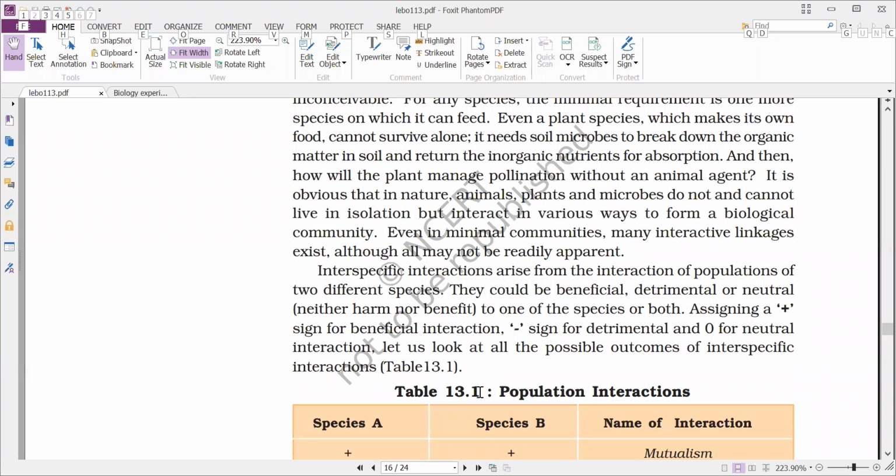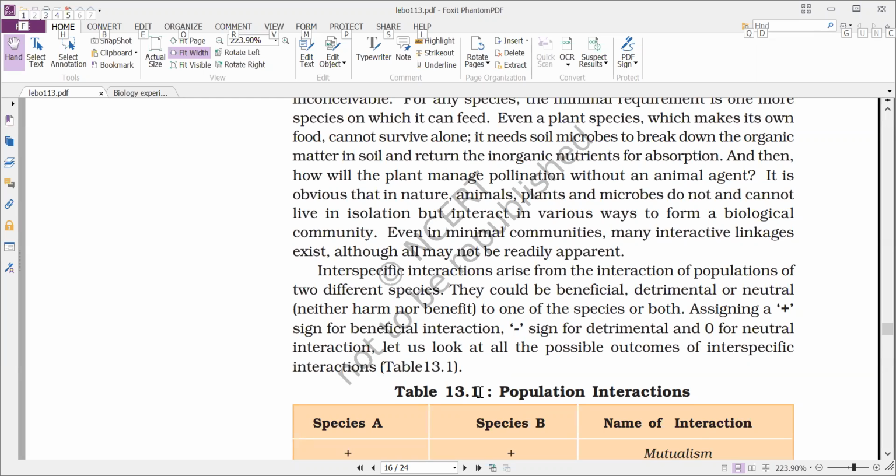Here we'll discuss the interactions between different species. That is what we call interspecific interactions. Interspecific: inter means between, specific means species.